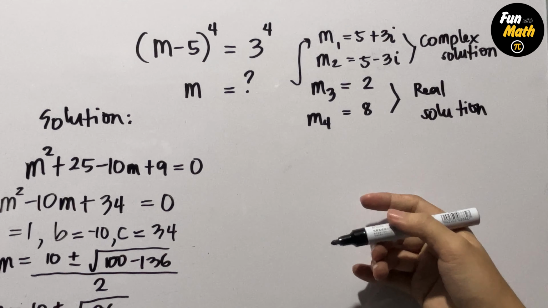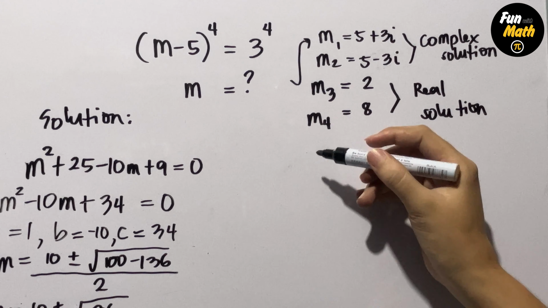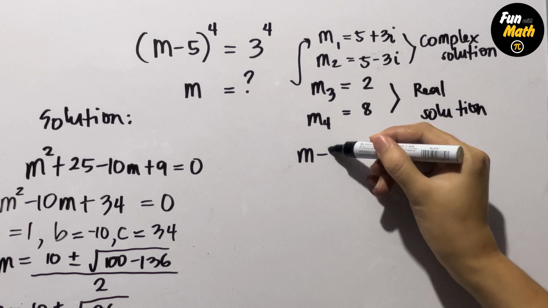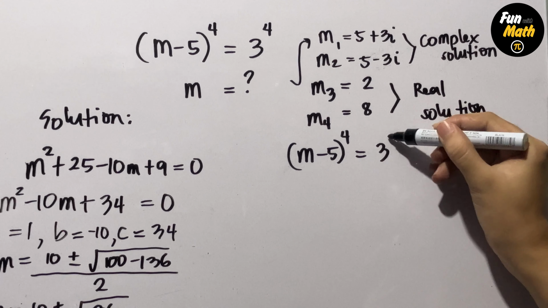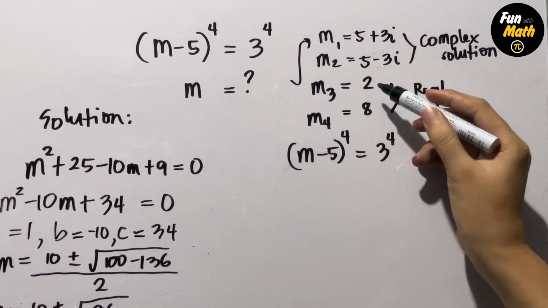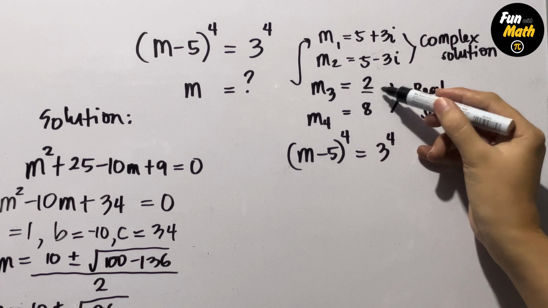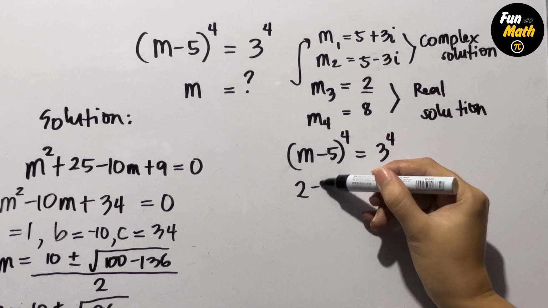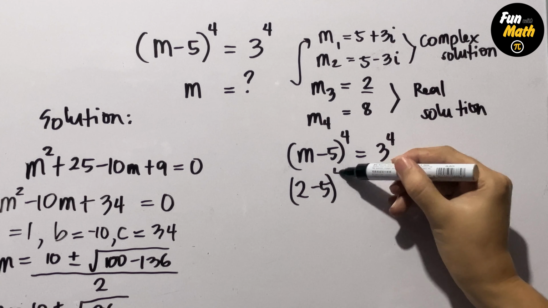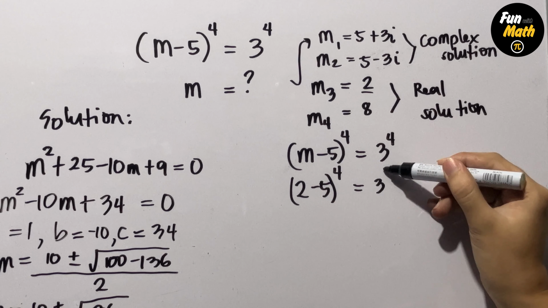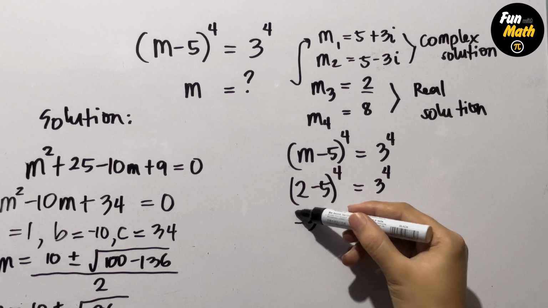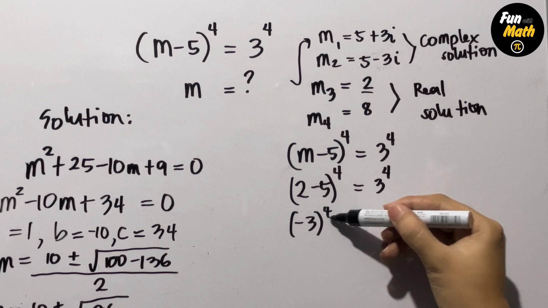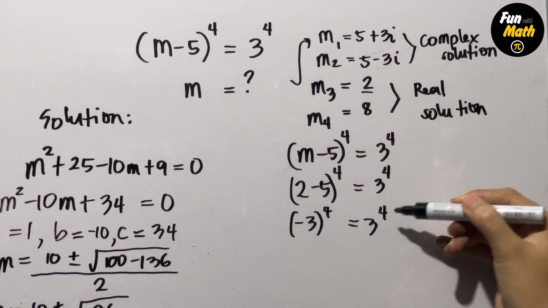So now to check, let's use the original equation. (m minus 5) to the power of 4 is equal to 3 to the power of 4. Now use first the m sub 3, which is 2. So (2 minus 5) to the power of 4 is equal to 3 to the power of 4. 2 minus 5 is negative 3 to the power of 4 is equal to 3 to the power of 4.